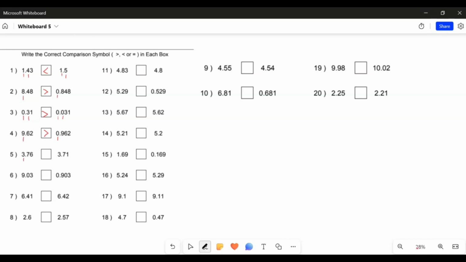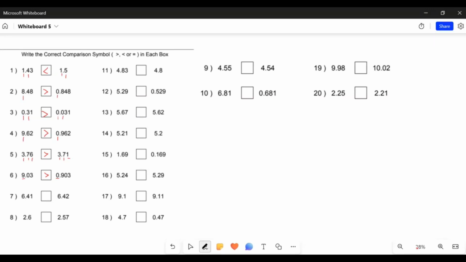For number 5, we have a 3, and we have a 3, a 7 and a 7. Those are the same, but now we have a 6 and a 1, so the 6 is bigger, so we put a greater than sign. For number 6, we have a 9 on the left and a 0 on the left on this side. Greater than again.